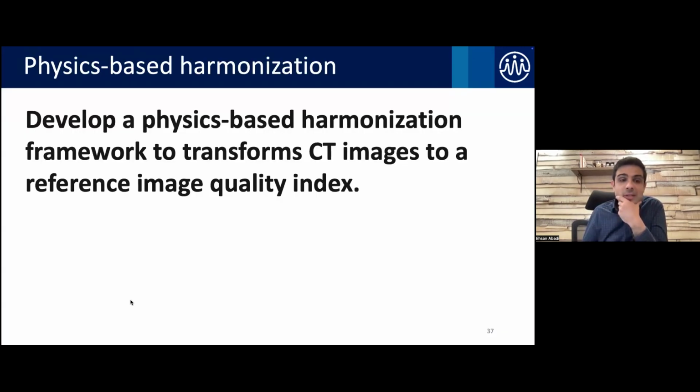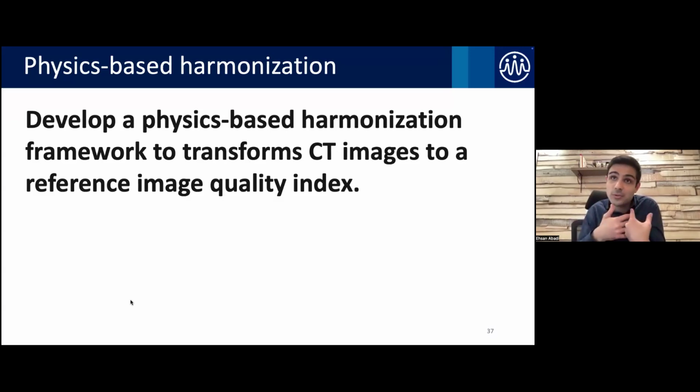So what we have done is develop a physics-based harmonization framework. The idea was to transform CT images to a reference image quality. We already know that image quality is the essence of the reason that these images are different in terms of their quantification. So what if we transform these images into a reference image quality?